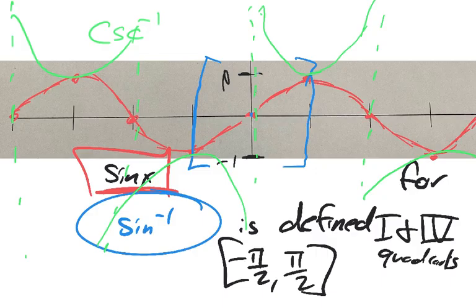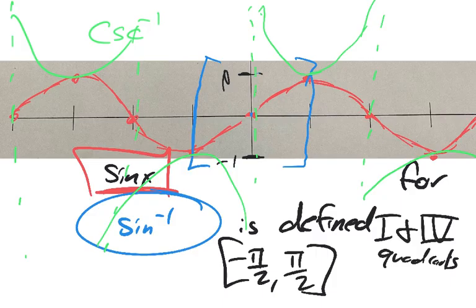Can y'all see the green? So where can I restrict it so I can get every possible answer? Well, if I get one of these, right here it's not 1 to 1. You gotta cut it. You need half of this and half of that one. Well look, that's already where inverse sine was cut.